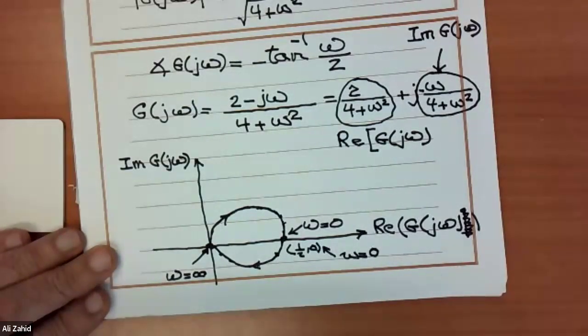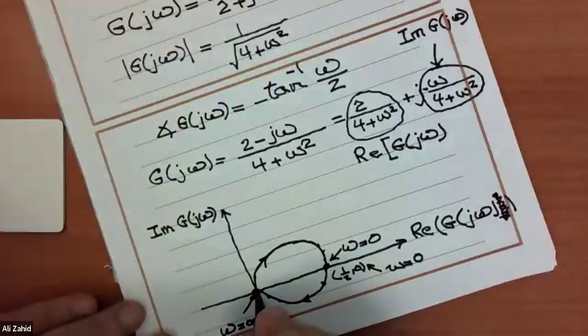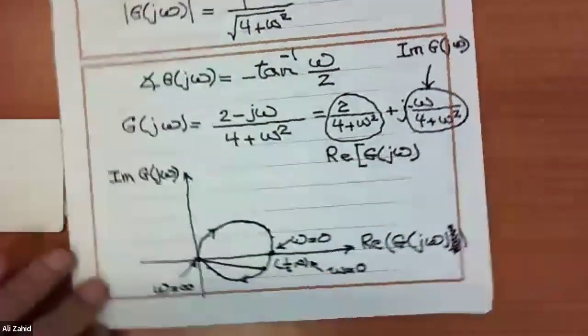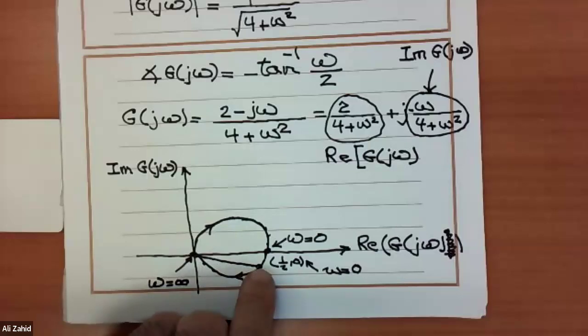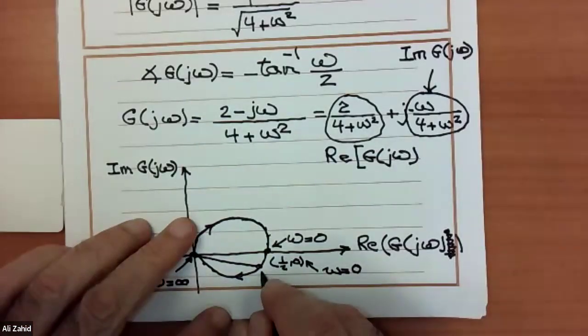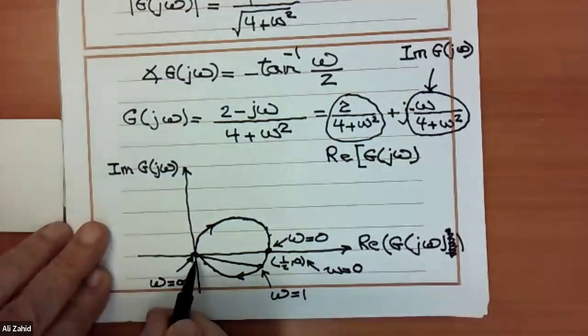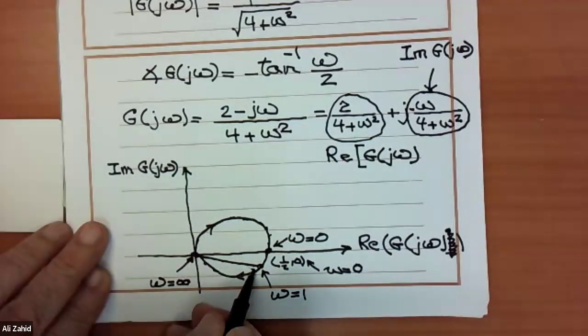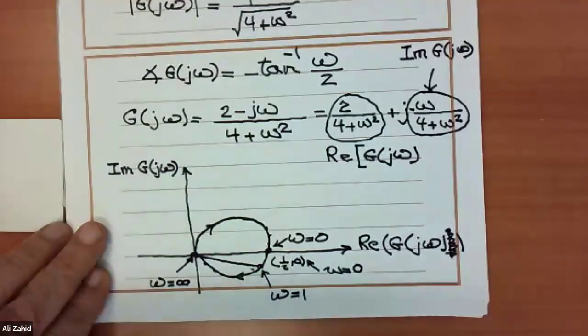Did you get it? Yes. What is the length of this vector? This is omega equal to 1. 1 over square root of 5. What is the base angle?